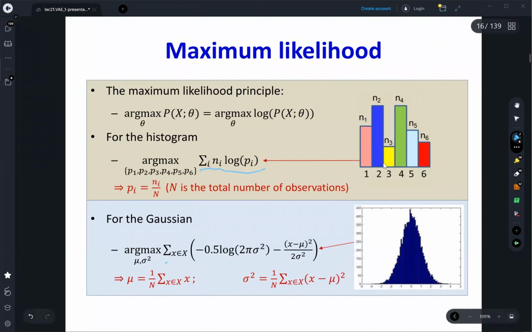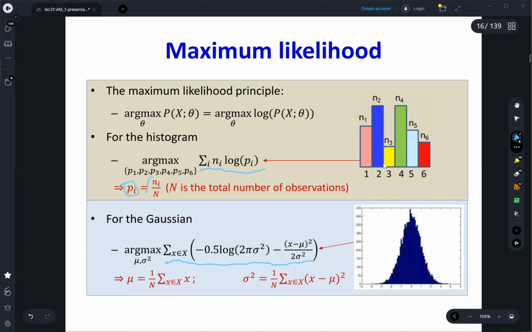And in the second case, it's going to be the sum over all outcomes of the log of the Gaussian computed at that outcome. And if you just went through the math and actually maximized this term, you would find that the probability assigned to the ith outcome p_i is going to be n_i divided by n, where n is the total number of observations.